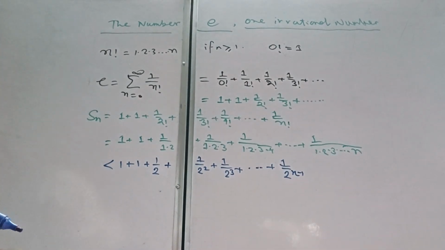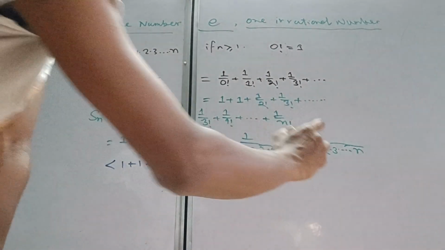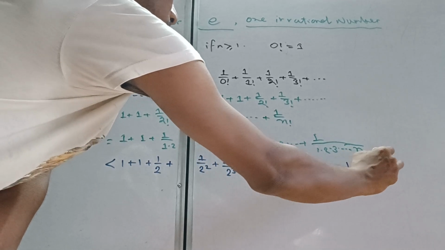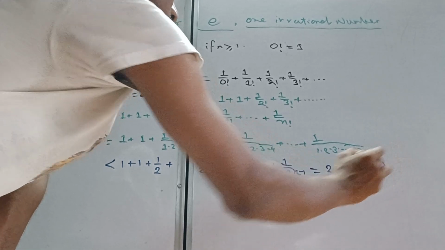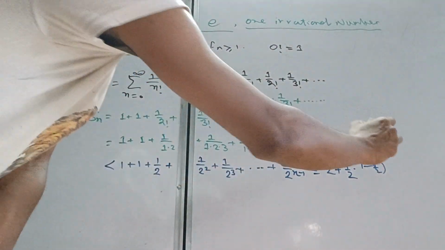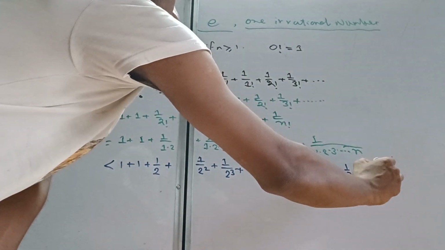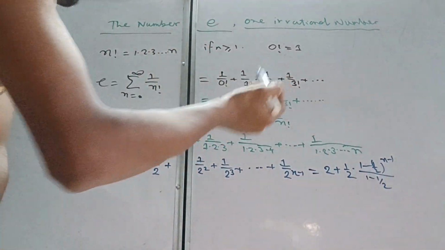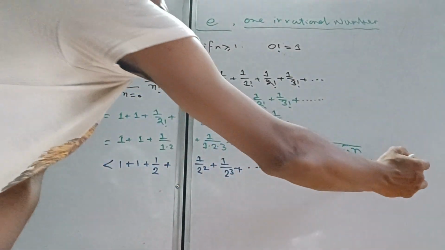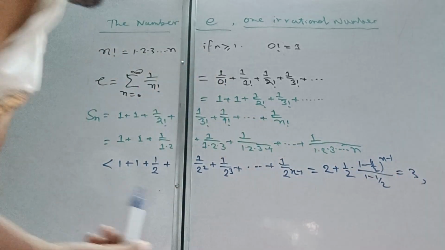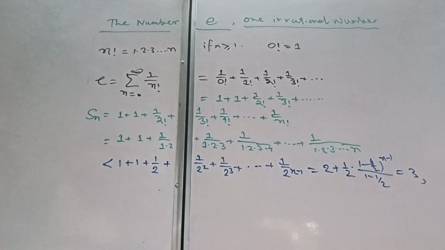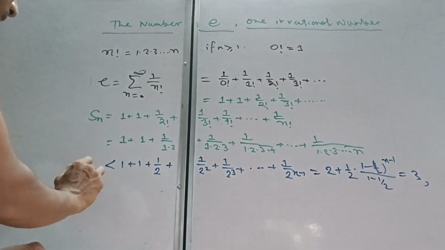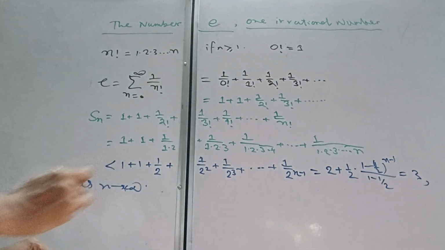This equals 2 plus, taking half common, (1 minus half to the power n minus 1) by (1 minus half). That means this equals 3 as n tends to infinity.